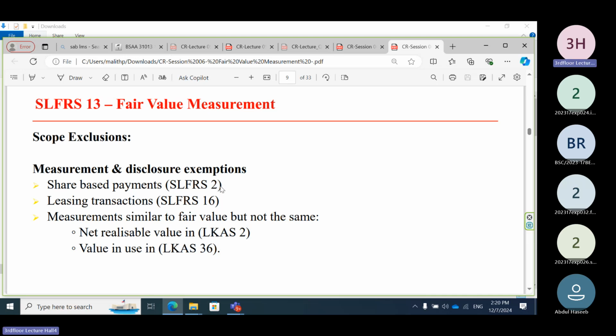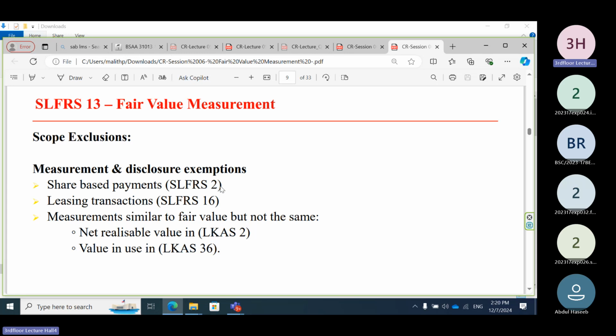And net realizable value, case 2, right? Value in use, LKAS 36. What standard? Impairment standard. The impairment standard clearly says you need to do impairment if your book value is more than the recoverable value.